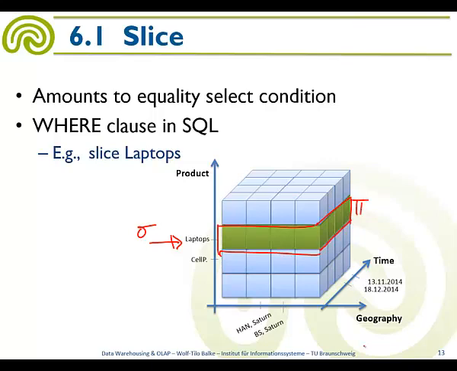So this is the projection on the other axis, on the other dimension. So I slice a part out of the cube, right? And the idea that I can look at different slices of the data helps me where? Why should I do that? Why is slicing such an important operation?